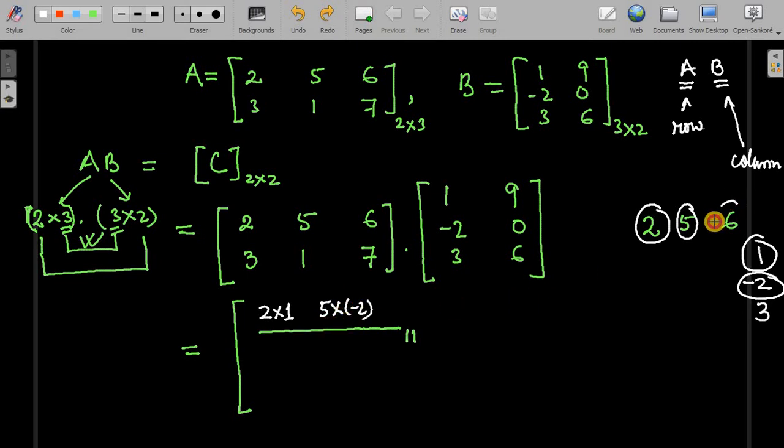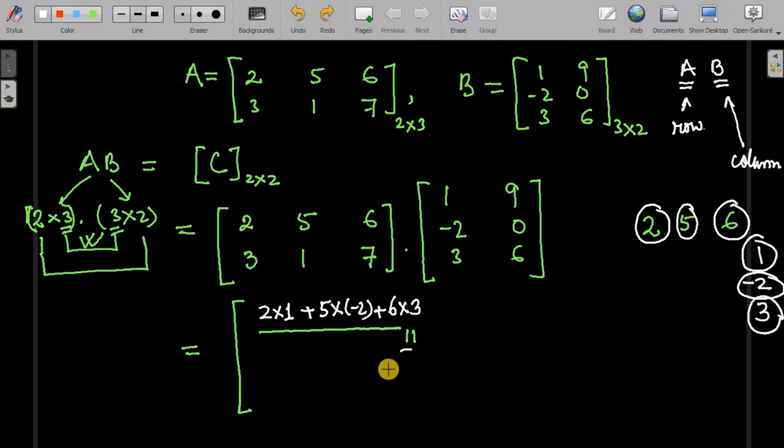And finally the last element of the first row is 6, and the last element of the first column is 3, so 6 is multiplied by 3. Now we add the products in order to get the value of the element of the first row and first column. I have written this here in order to understand why we are selecting the first row and the first column.